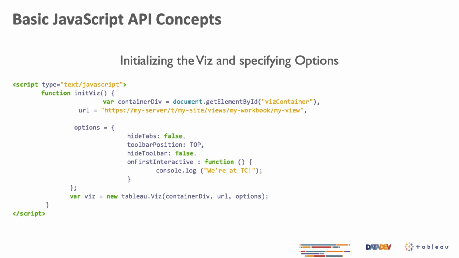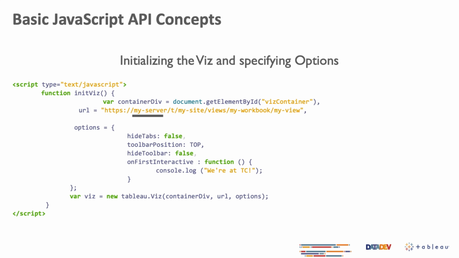And then you need to initialize the visualization and specify options. So that's the JavaScript part. You can remember the function we are calling on init is called initViz. First we are getting the element by ID, so the viz container. Then we are defining the URL, specifying the URL of the viz.